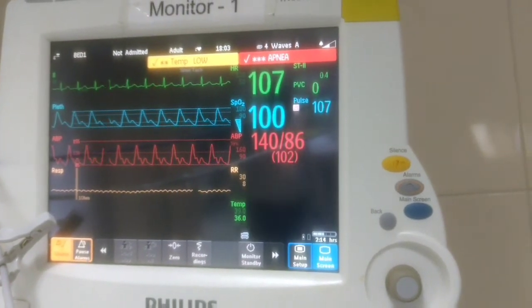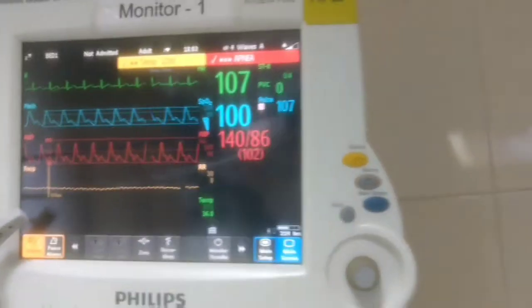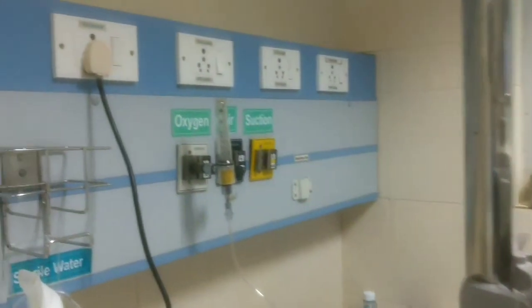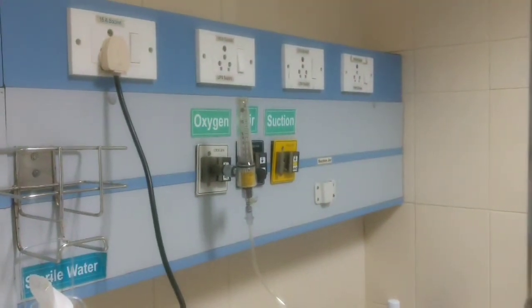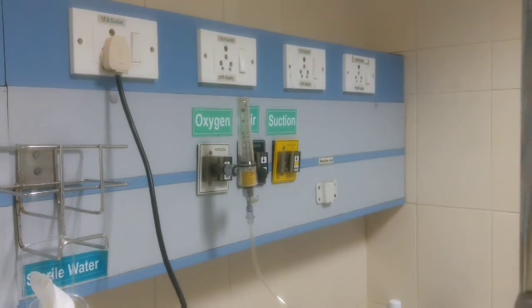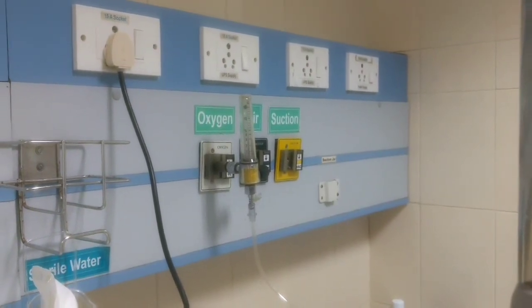Keep your crash cart and other emergency trays and your codes ready. Monitor the oxygen source and the connected tube. Sometimes dislodgement may end up in hypoxia. Watch for the respiratory effort.